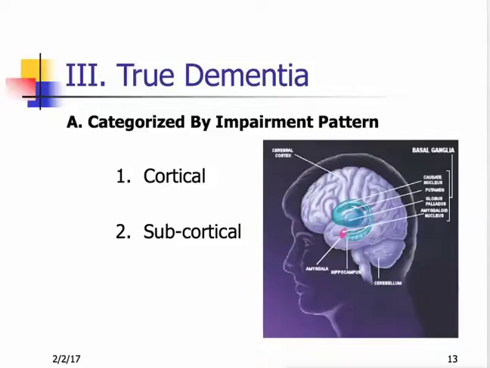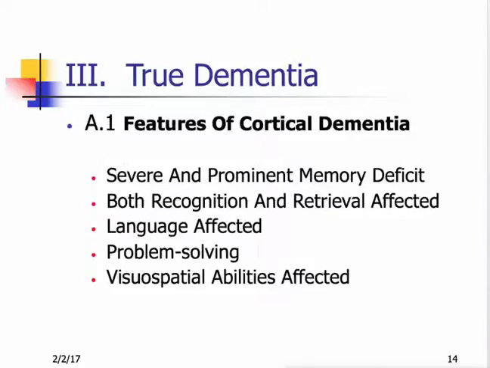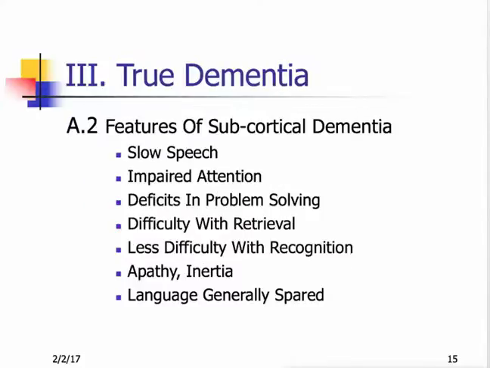So true dementia, there are different types as well, subcortical or cortical, and these have different patterns. Features of cortical dementia: usually there's more severe and prominent memory deficit, both in recognition and retrieval of information. Language is affected, problem solving, and visual spatial abilities are usually affected.